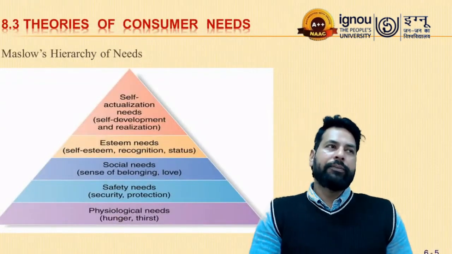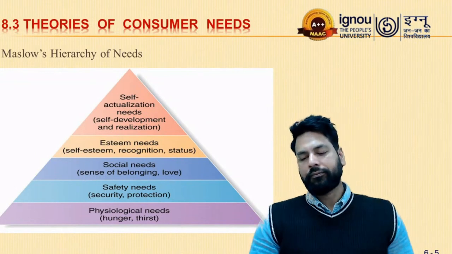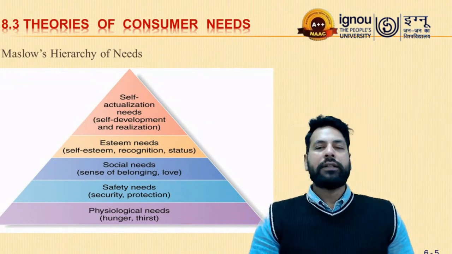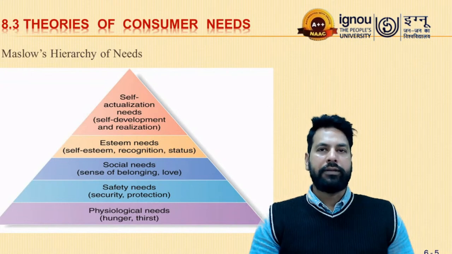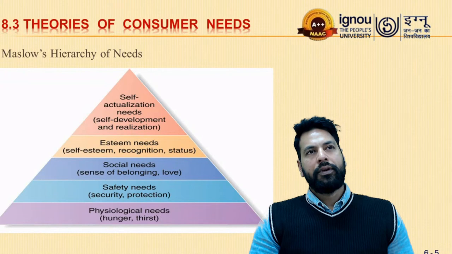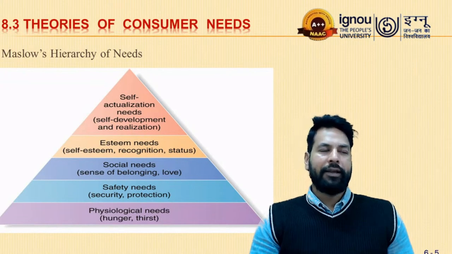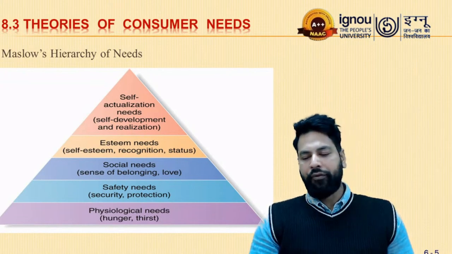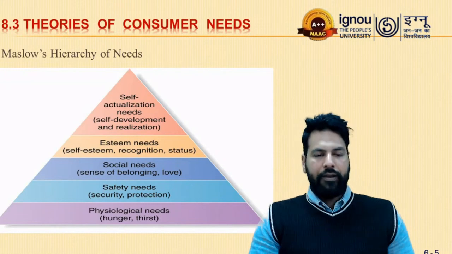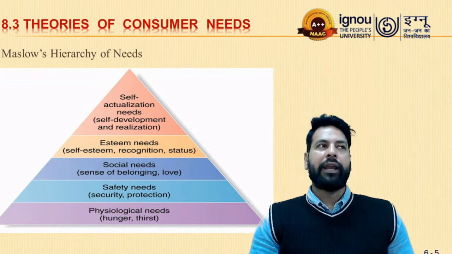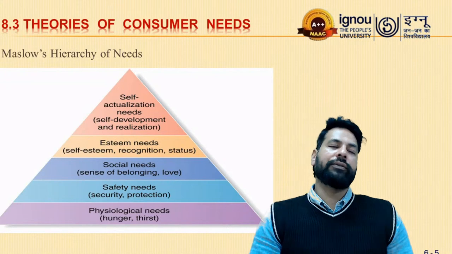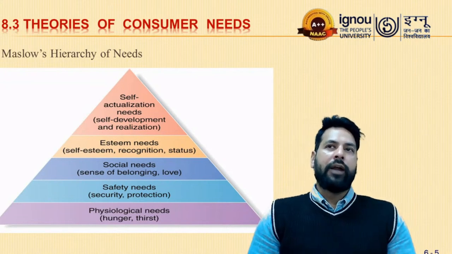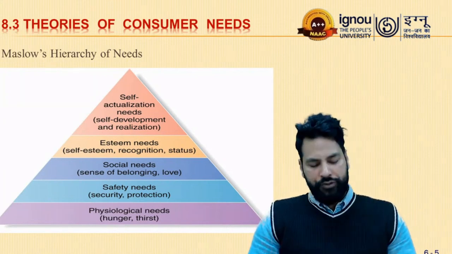Now there have been different models and different management thinkers who try to explain different types of needs, because once you understand different types of needs, if you are a marketeer, you will be able to understand the motivation, and accordingly you will place your product or services.